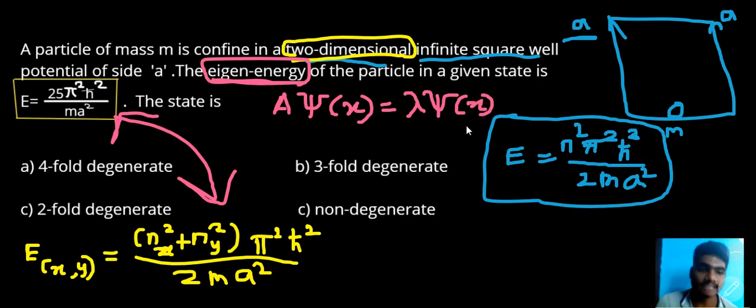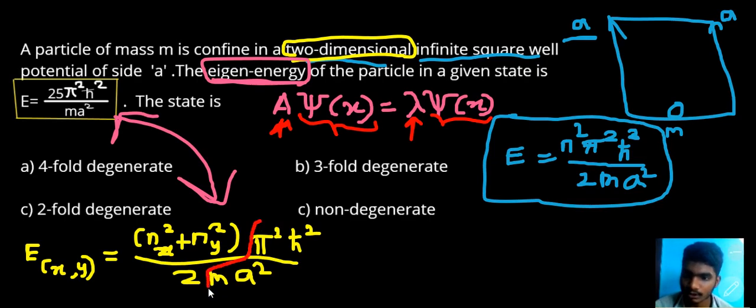This is known as the eigen equation. In these equations you can notice that this thing is common, and this thing is also common. This is the operator used here. The psi is common for both.